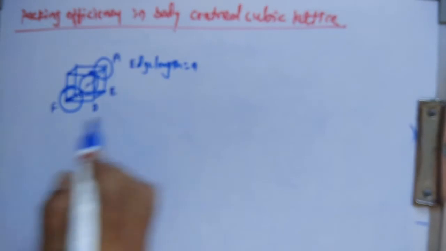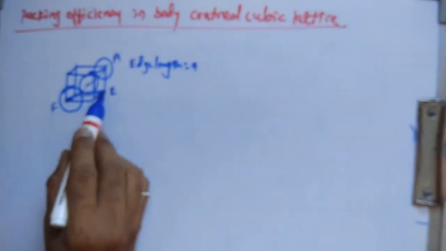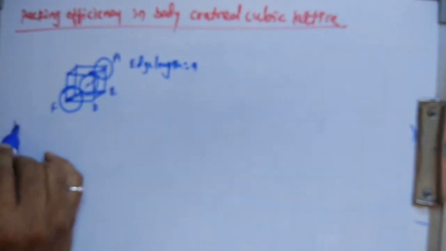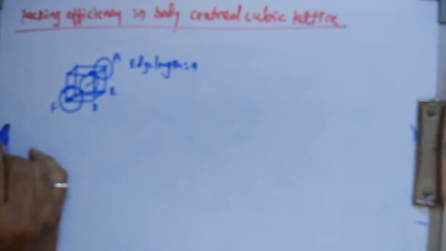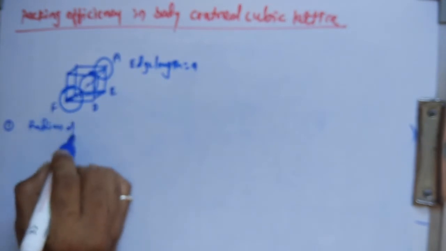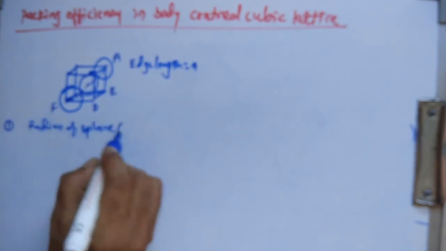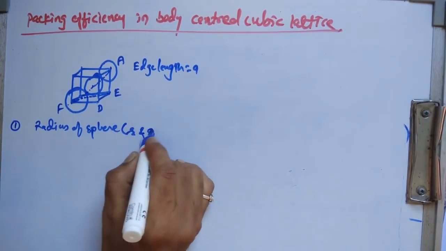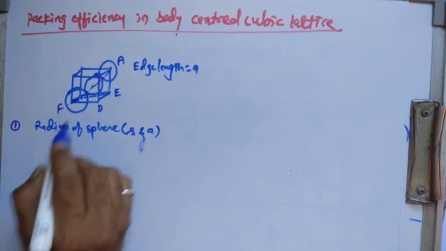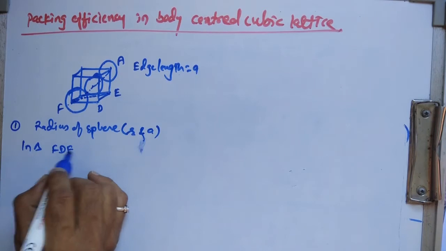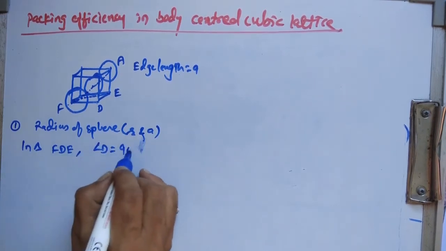Now from triangle FDE, D is the right angle. First of all what we are going to find out is the radius of the sphere or atom, that is the relation between r and a. So consider the triangle FED, angle D is 90 degrees.